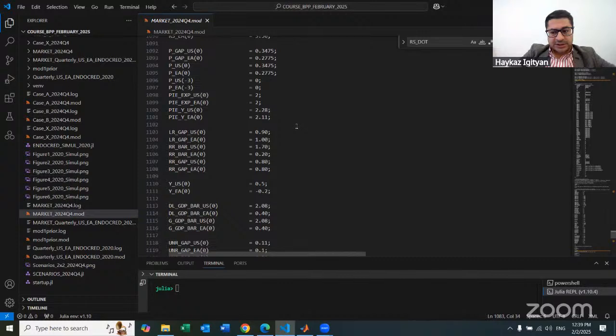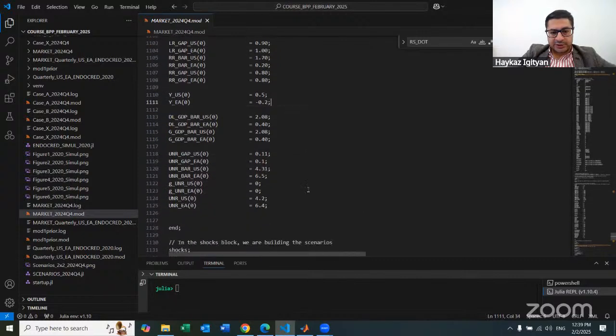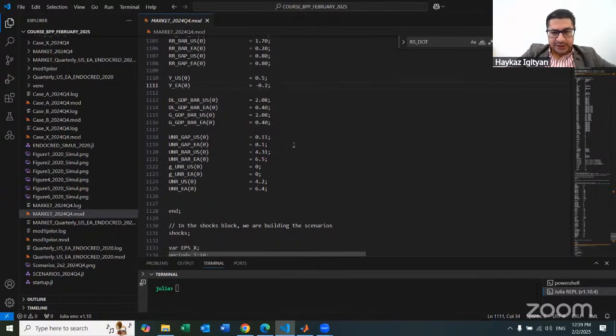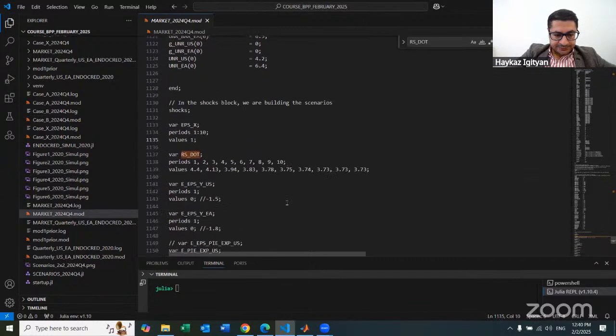For those which are unobservable, let's say the interest rate gap and output gap, we use some judgment, but also we have a system of other models. When we get all these values by running the filter, we put the initial conditions from the filter here. I think next week we can cover that deeply.